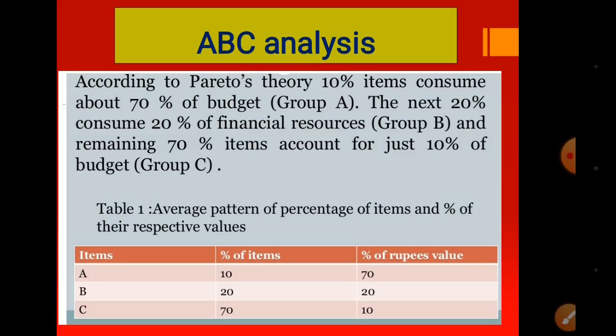In A items there is 10% of items and 70% of rupee value. In B items there is 20% of items and 20% of rupee value. And next there are C items, that is 70% of items and 10% of rupee value.